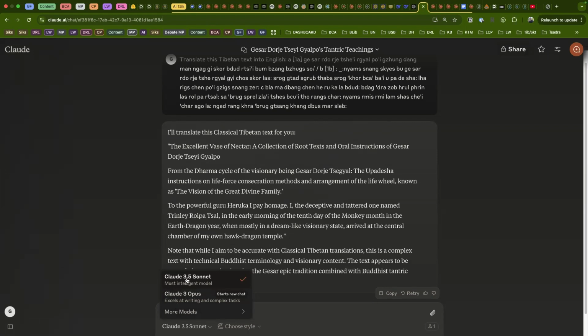The best one is 3.5 Sonnet, and when I'm talking about Claude, 95% of the time for us it's going to be that one. It's the most expensive one if you use the API. If you use their monthly subscription, it's $20 a month at this stage.